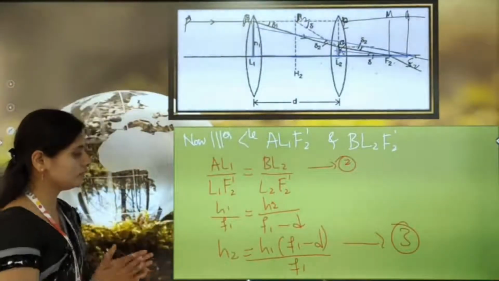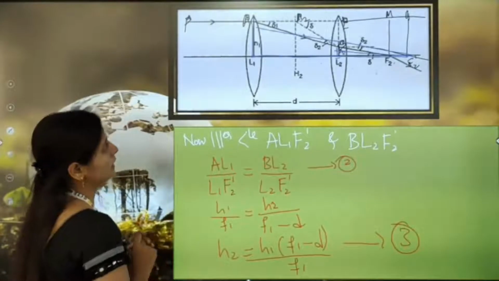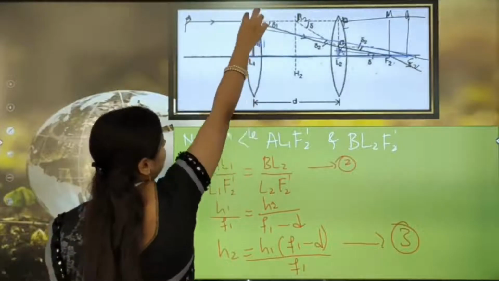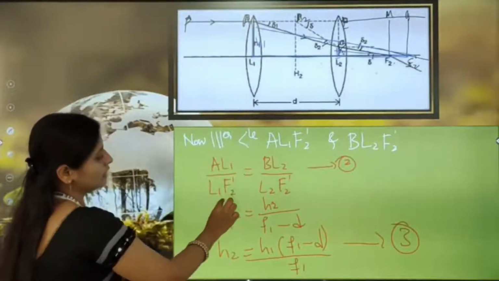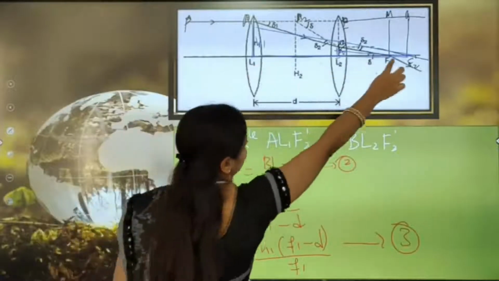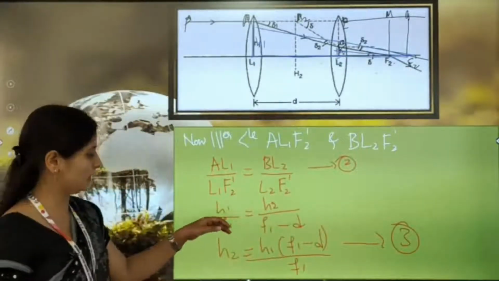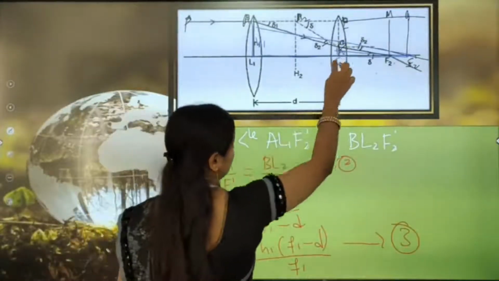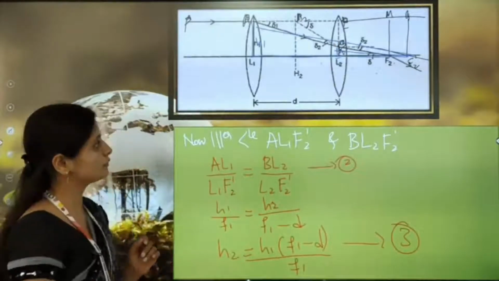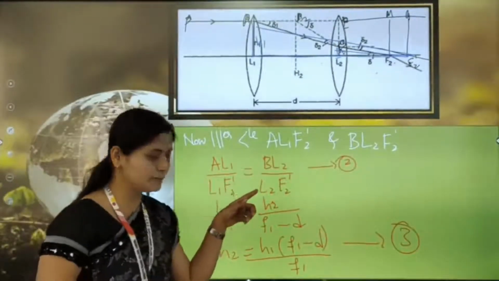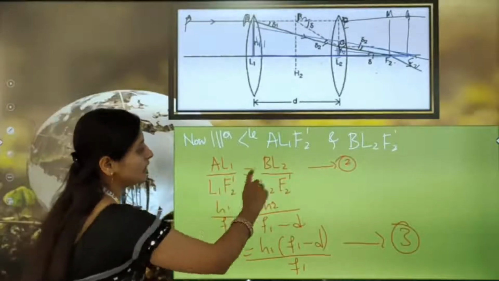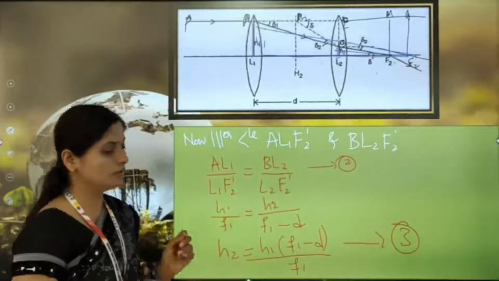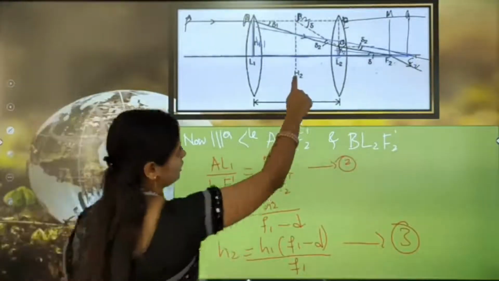Next see here. A L1 is nothing but the height h1. L1 F2 dash is nothing but the focal length f1. That is equal to B L2, and B L2 is nothing but h2, divided by L2 F2 dash.